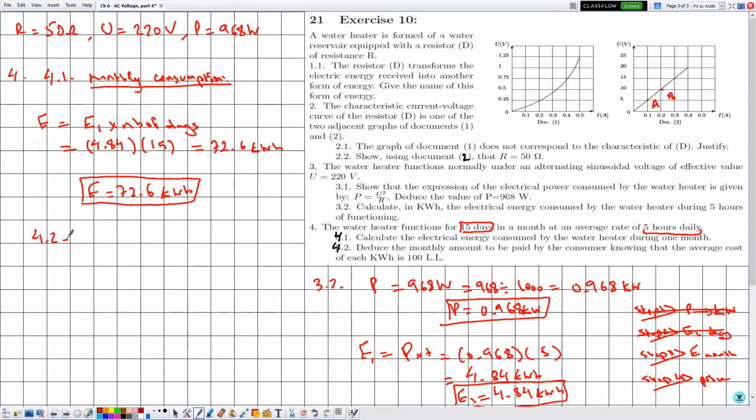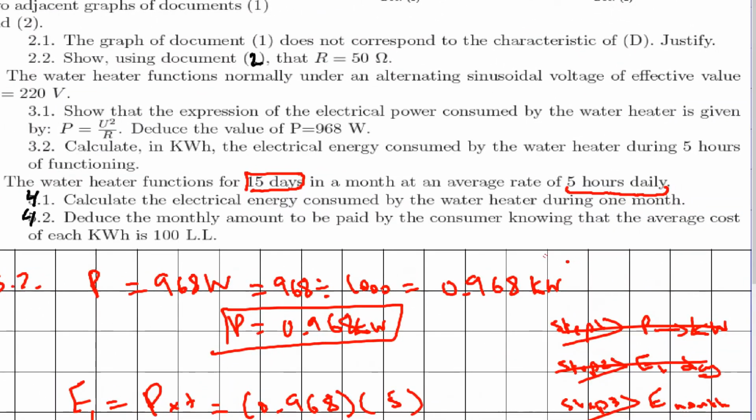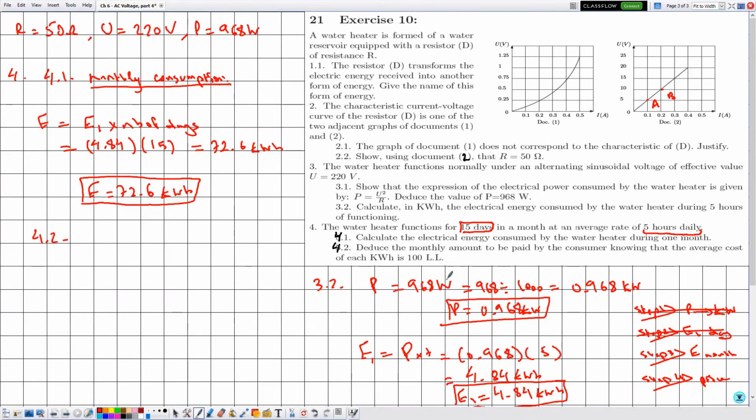Now in 4.2 they are telling me to deduce the monthly amount to be paid by the consumer, knowing that the average cost of each kilowatt hour is 100 Lebanese liras, and by deduce it means that we need to see the previous part. In the previous part we have determined the monthly consumption, so the monthly cost is simply multiplying the monthly consumption by the price.